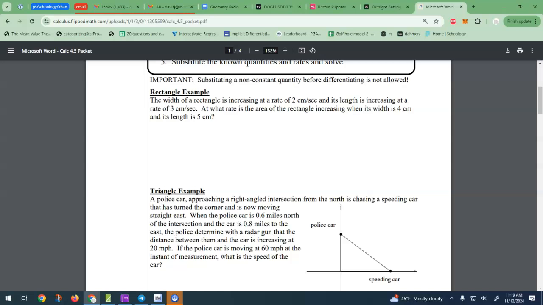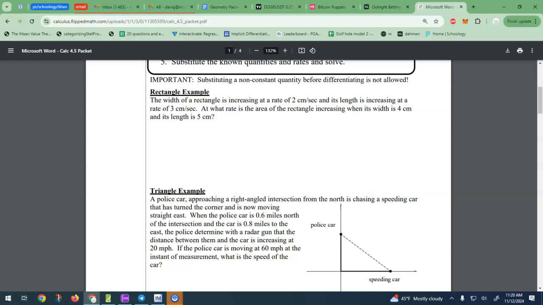And then I'm going to plug in what I can, and sometimes I'll have to do a side quest, like we did in the previous example, to find a number. Sometimes I don't. That's what they give you. What rate is the area increasing? That's what I'm looking for. So this is telling me we're looking for the rate of area, so dA dt. Hopefully I can just plug in over here.